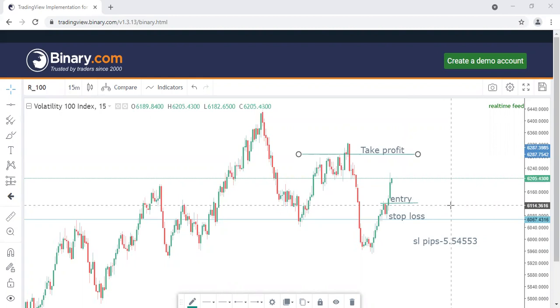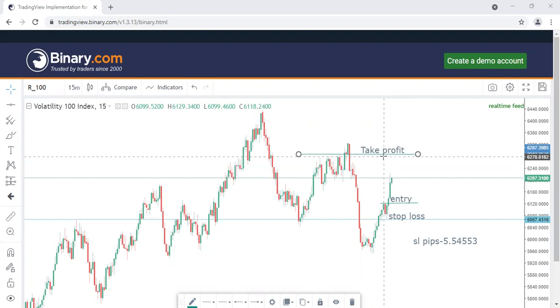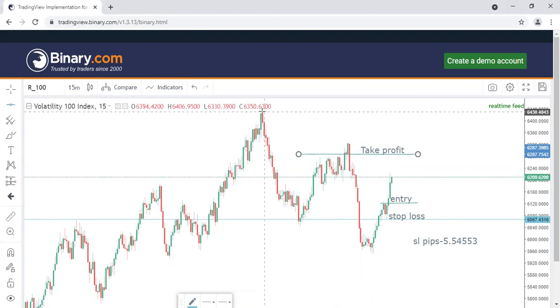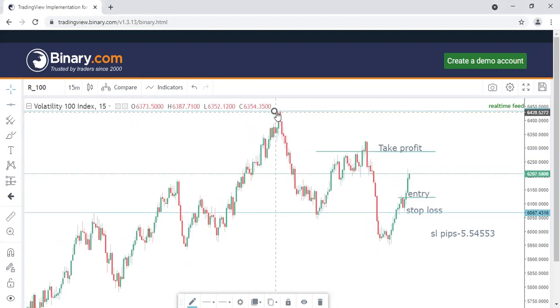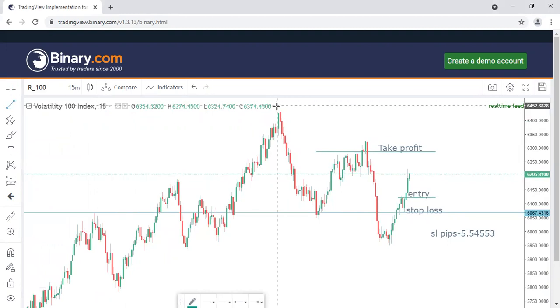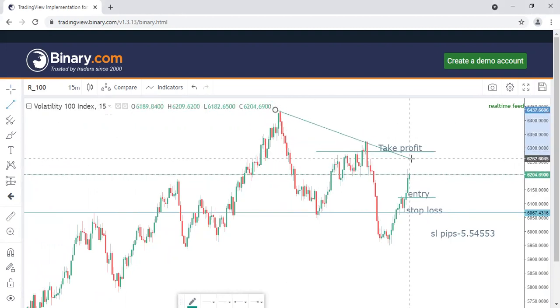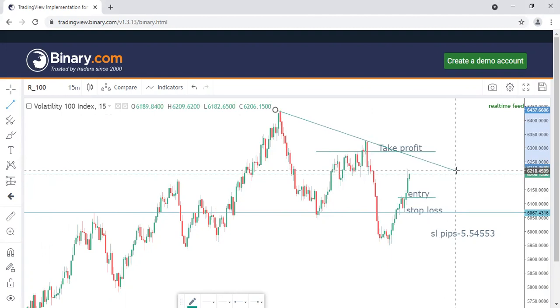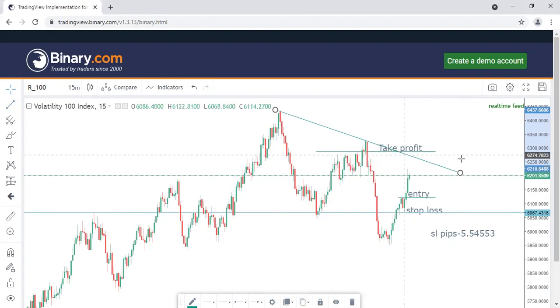So now we entered here and our take profit, because we are conservative, after doing, let's assume, normal retail concepts, we decided that price was going to get to this trend line before it may be rejected and come back down.